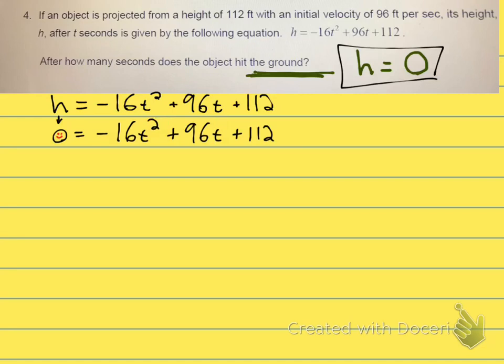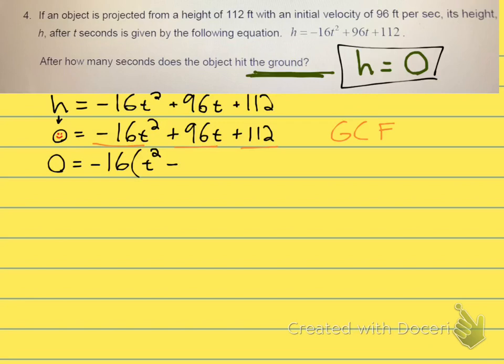Is there a GCF here? Yes, there is. All right, if you look at these three terms, 16 goes into all of them, okay? And the leading coefficient is negative, so I'm going to take out a negative 16. Let's do it. Negative 16 divided out of all three of these terms, I'll be left with t squared minus, right?